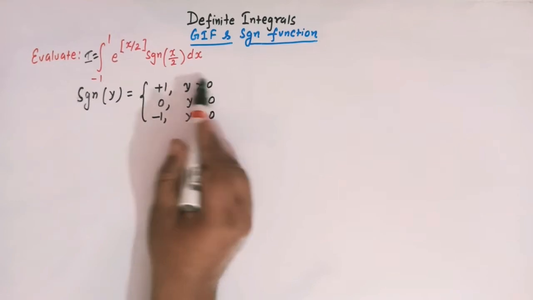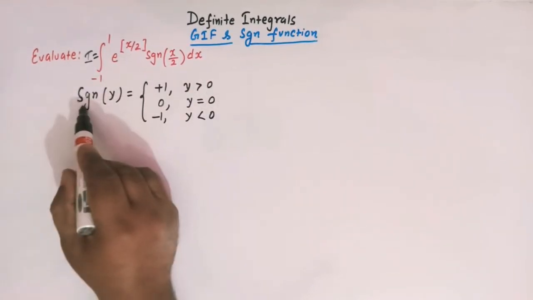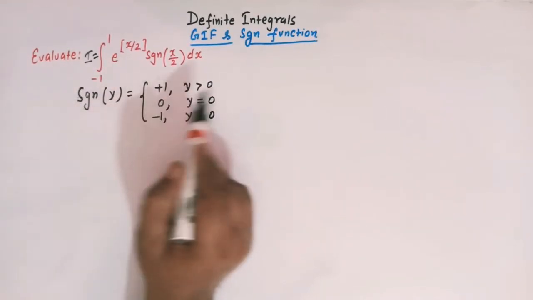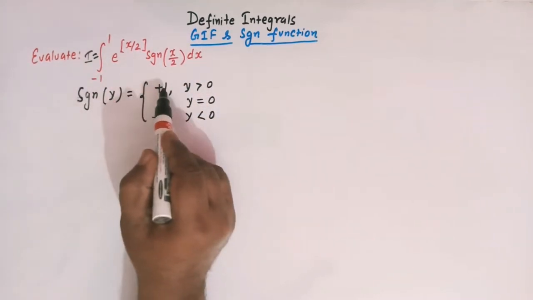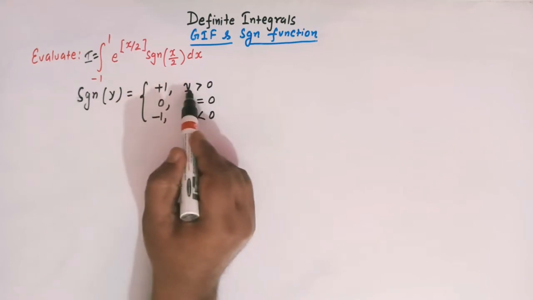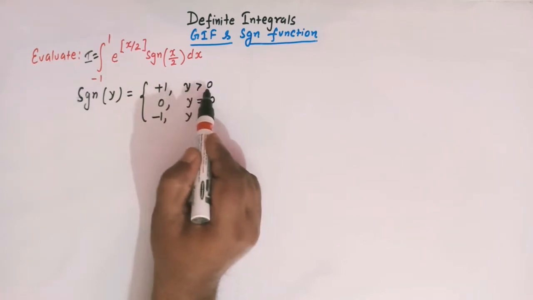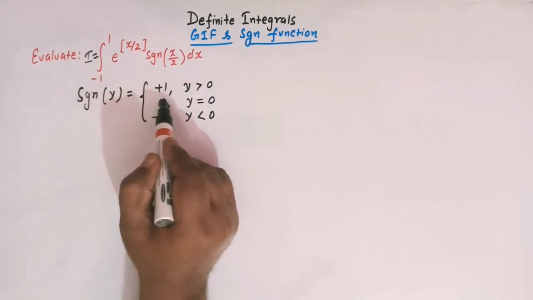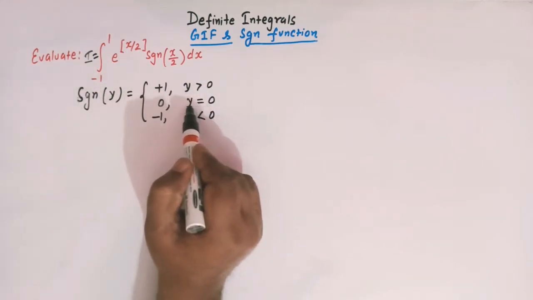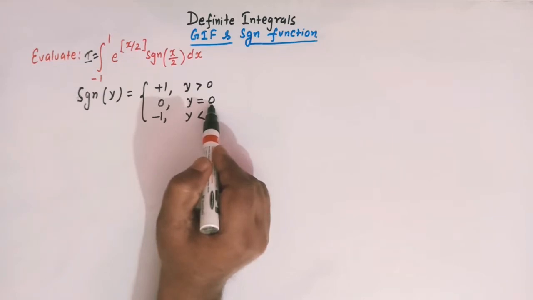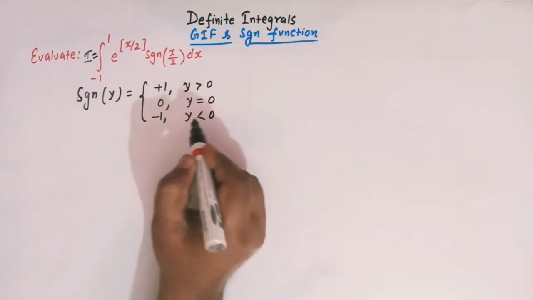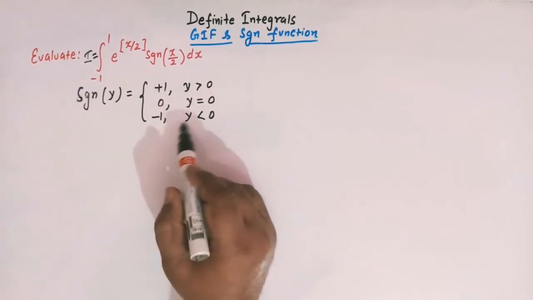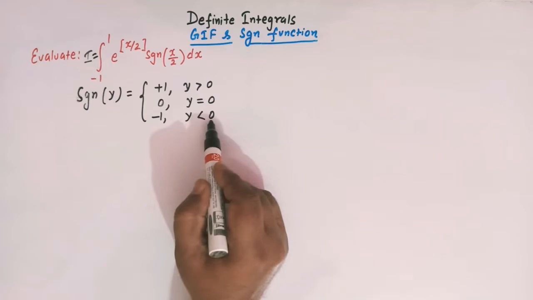So this is the basic definition of signum function, and here from the definition we see that signum of y will take +1 value for all values of y which are greater than 0, right? And signum of y is always equal to 0 whenever y is equal to 0, right? And signum of y is equal to -1 whenever we have y less than 0, right?